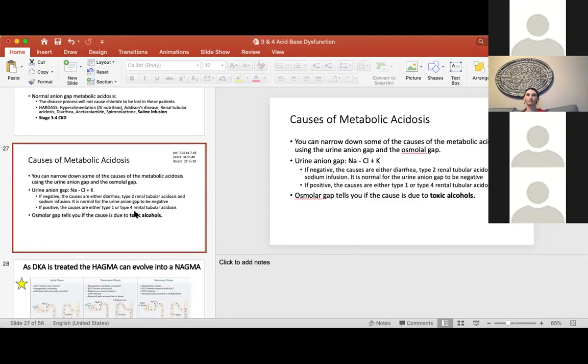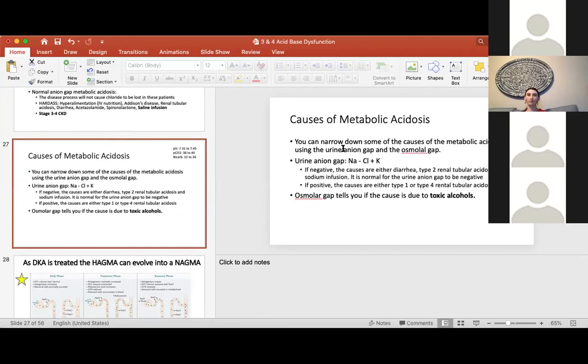Okay. You can narrow down causes of metabolic acidosis using the urine anion gap and the osmolar gap. Remember our blood anion gap was sodium minus chloride minus bicarb, but with urine, we use potassium: sodium plus potassium minus chloride.